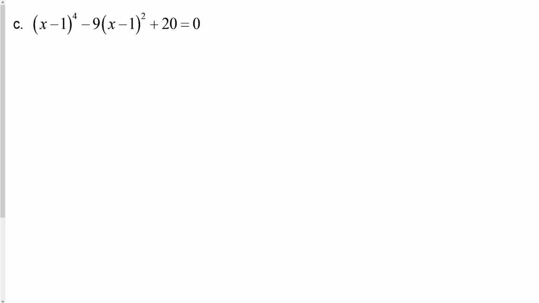C, x minus 1 to the 4th minus 9 times the quantity x minus 1 squared plus 20 equals 0. Here, if I use the substitution u equals x minus 1 squared, I can solve this problem easier.